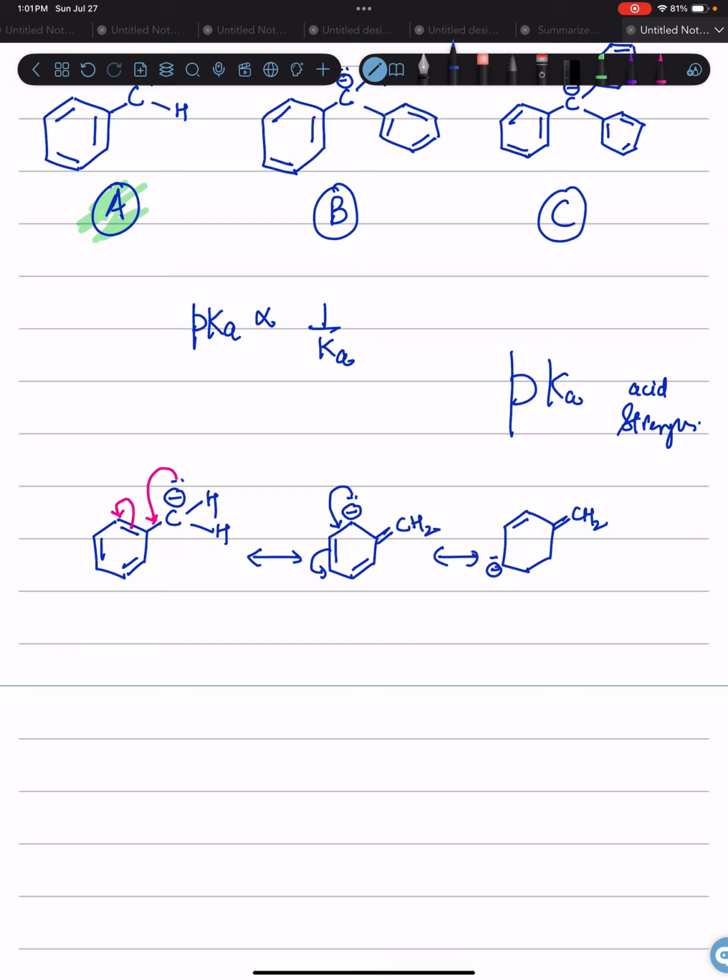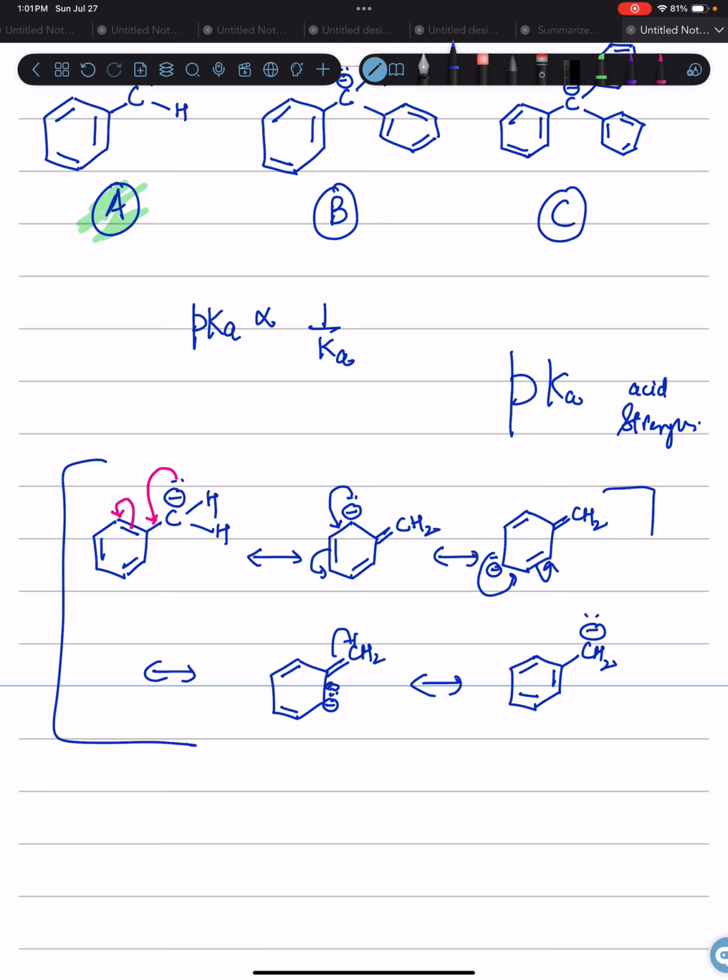Negative charge here, and then this, and what you get is the fourth resonating structure: charge here, double bond here, CH2, electrons move here and then onto this. So you get a double bond, double bond, double bond and CH2 negative. These are all the resonating structures for A.